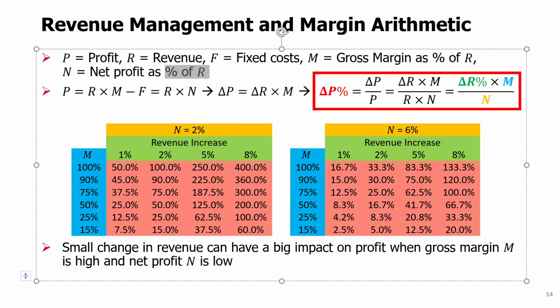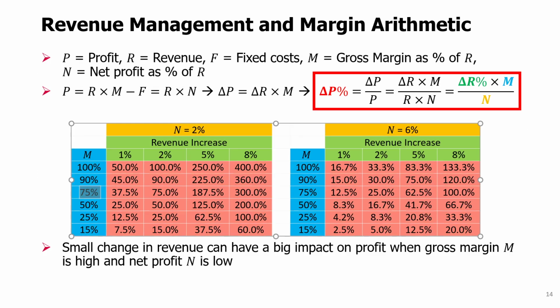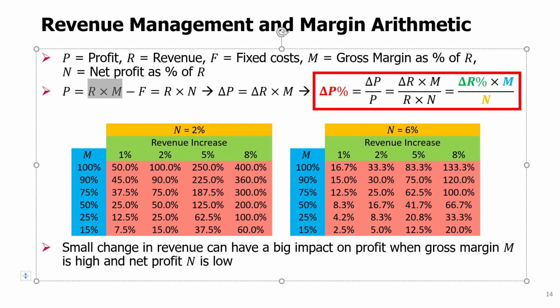And of course, we can calculate profit as revenue times margin, because margin is the percentage of gross profit in the revenue. So if, let's say, gross margin is 75%, that means variable cost per unit is 25%. Taking revenue times margin removes the variable cost and leaves us just with the profit contribution, but we also have to remove the fixed cost in order to get the profit.